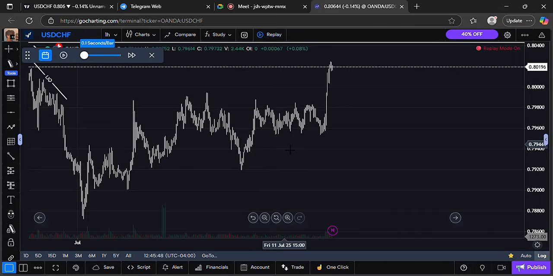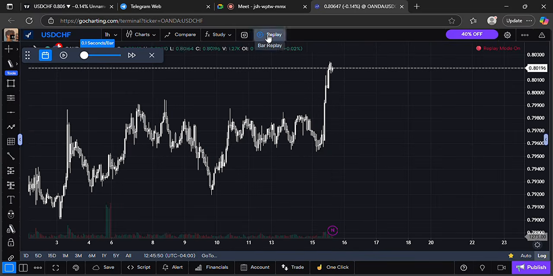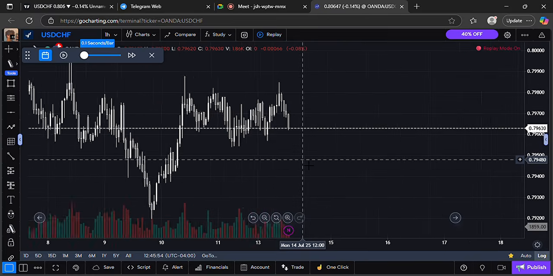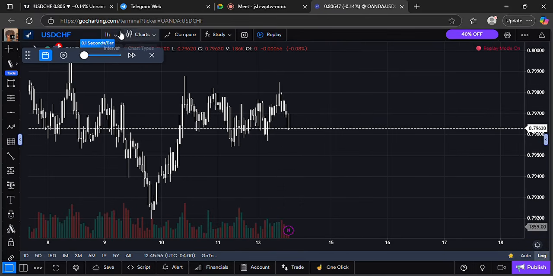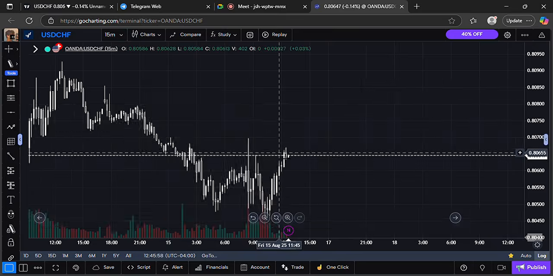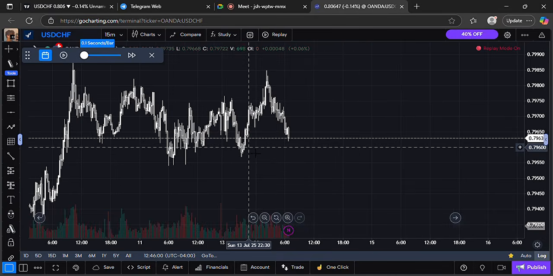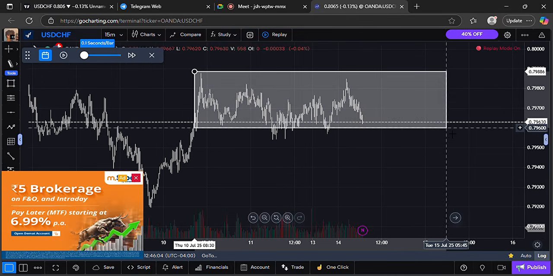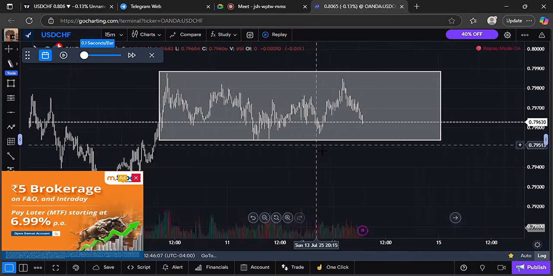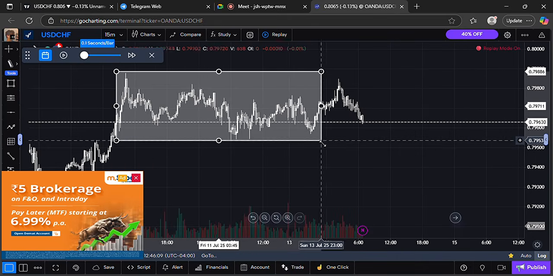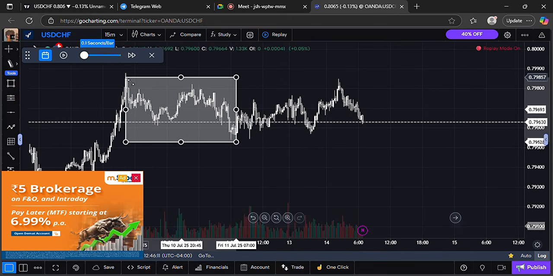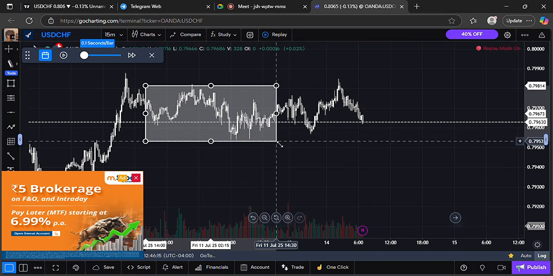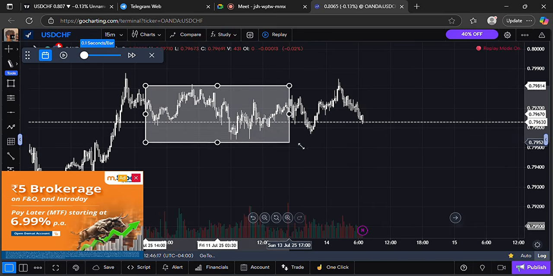Okay, so here's the liquidity pool. Replay and go here. This is a 15-minute liquidity pool too. First it started from here, a small liquidity pool, and then it went bigger.